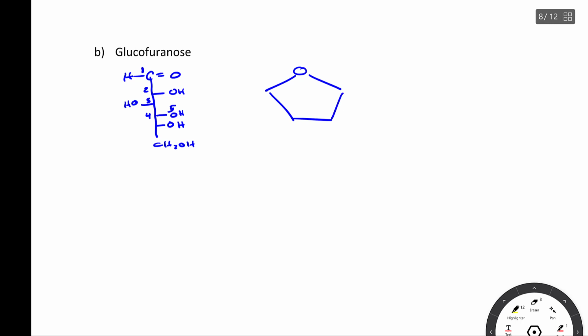And then carbon number 1 is here. And so 1, 2, 3, 4. And then carbons number 5 and 6 project upwards. And so for glucose, it's like this. And this is CH2OH.